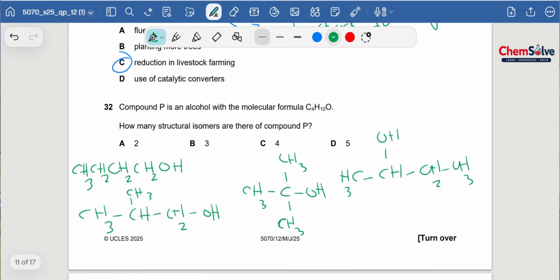Now if I change the position of the hydroxyl group here, then the same thing will be obtained. So these are the maximum number of isomers which can be obtained: 1, 2, 3, and 4. It means option C is the correct one.